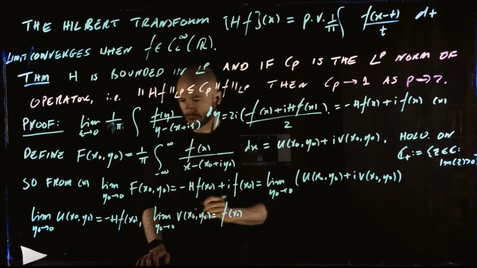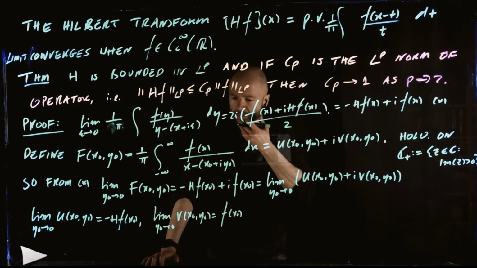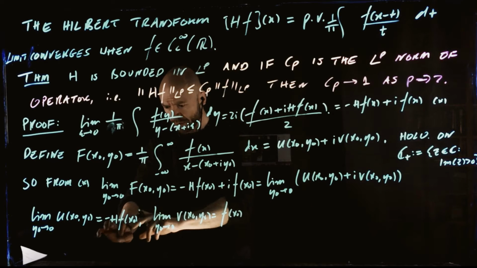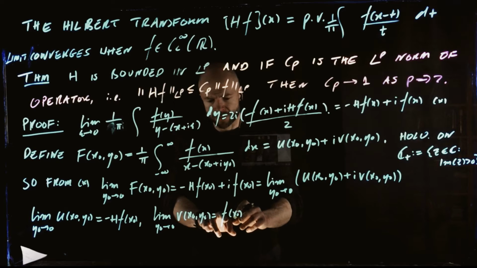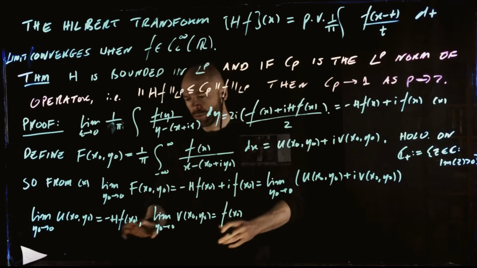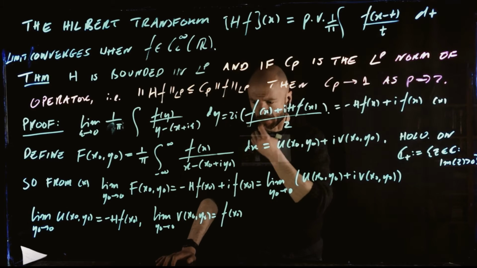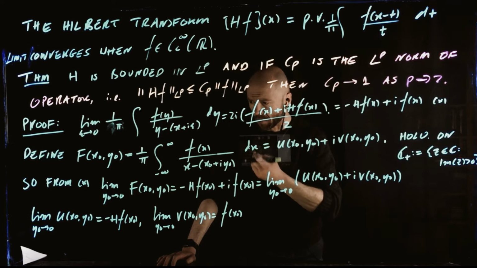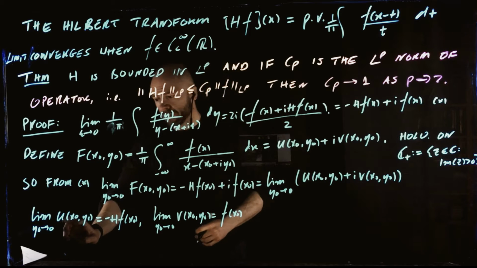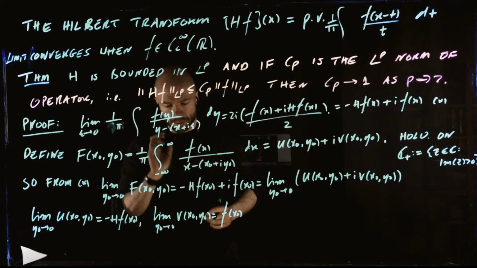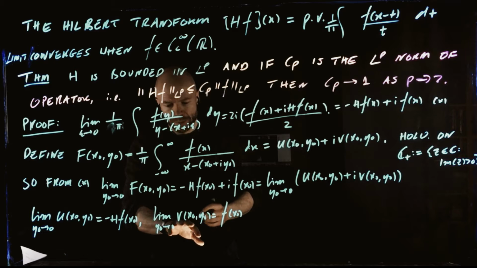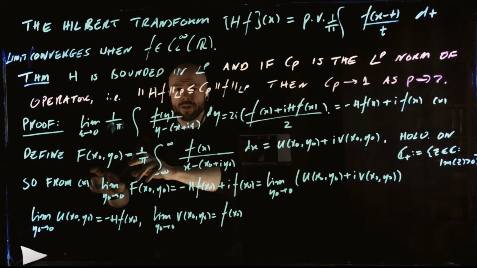Yeah, like that. And since our goal is to show that the Hilbert transform is bounded in terms of this function f, so the L^p norm of this thing is bounded in terms of this thing, and get control of what constant we have in front, what we're going to do is get a relationship between the integral of the pth power of the u component and the pth power of the v component of our function f.